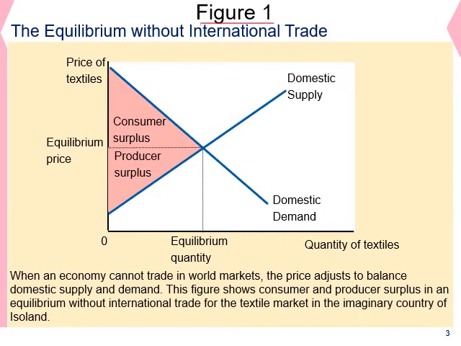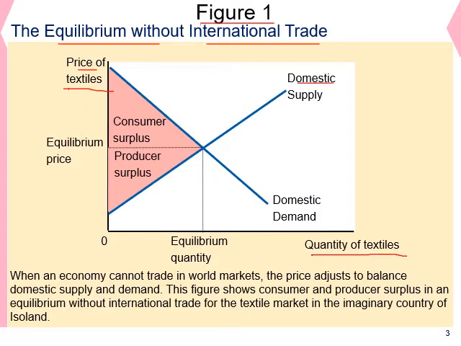Figure 1 deals with the equilibrium without international trade in the market of textile. Textile is often one good which is produced in every country. On the vertical axis we have the price of textile, and on the horizontal axis, the x-axis, we have the quantity of textile.